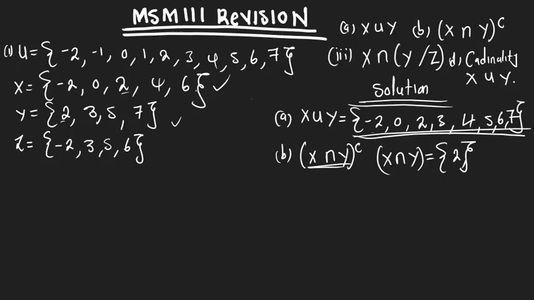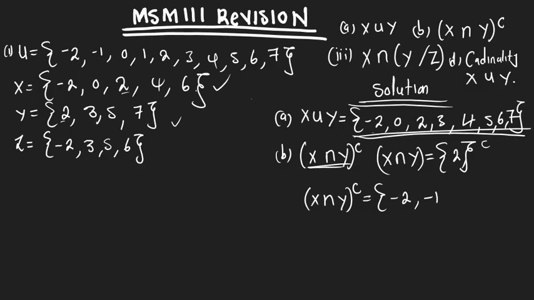Then we say this now complement. So we are getting everything except 2. So you just get everything in the union except 2. So this is going to be -2, -1.